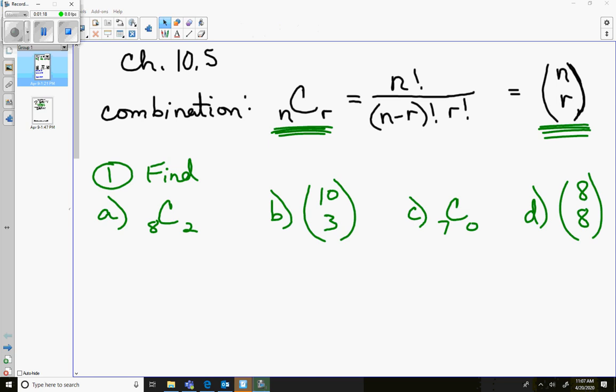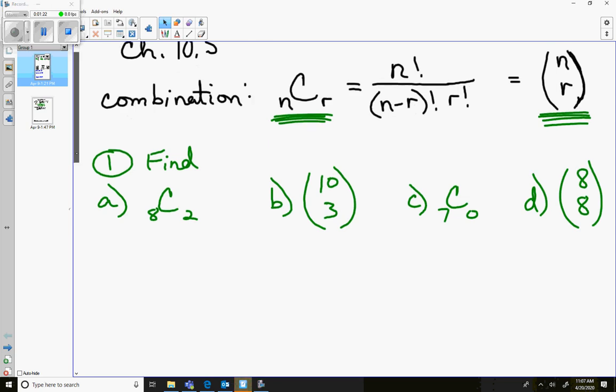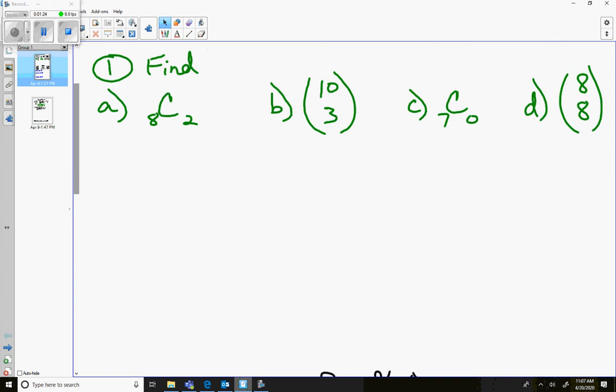So number one, just to make sure you can do this part. Find the combination of 8 choose 2. So that would simply be 8 factorial divided by 8 minus 2 factorial times 2 factorial.